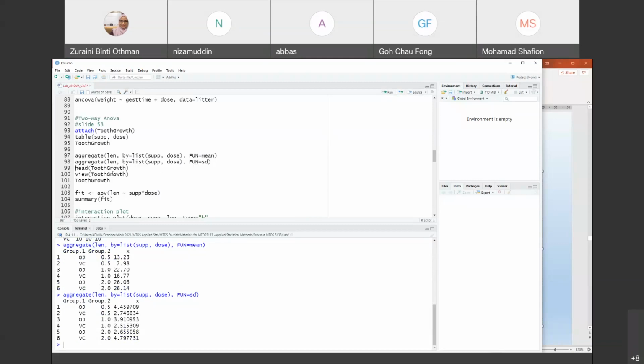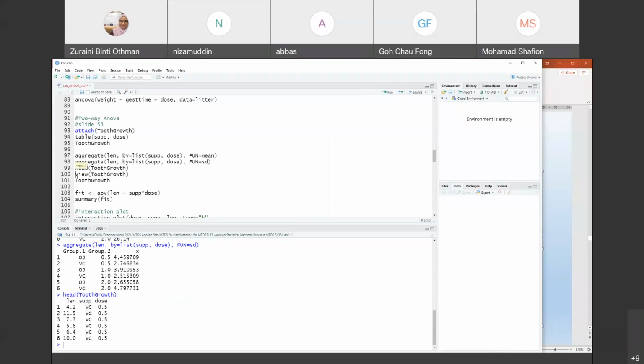If you want to find the standard deviation, and if you want to look at our data for ToothGrowth, we can see what the first 6 rows look like. This is the length, the tooth length, this is the supplement, and this is the dose that it takes.